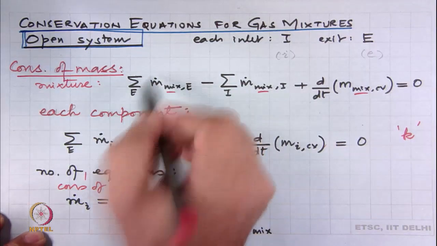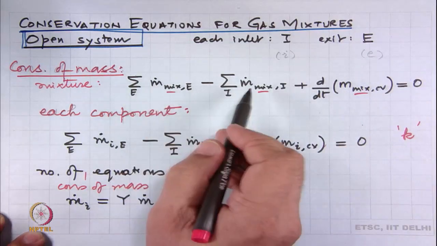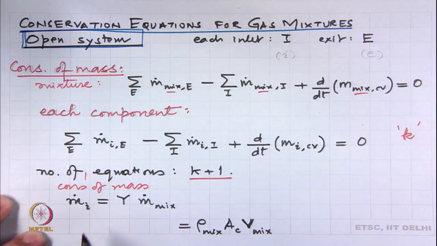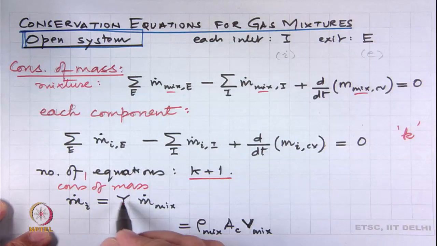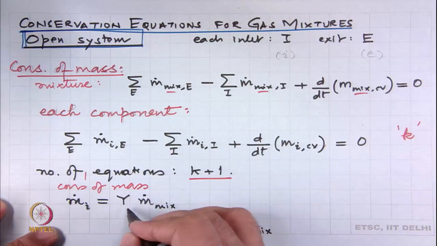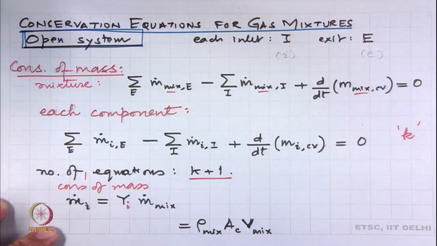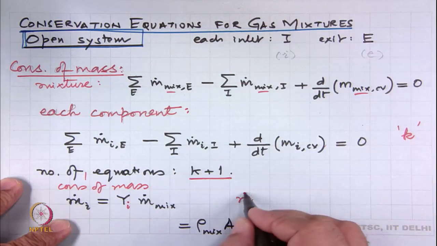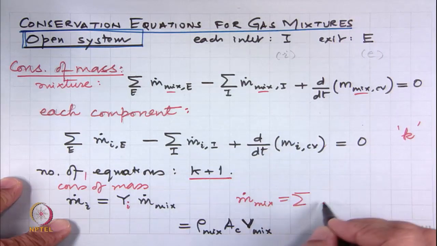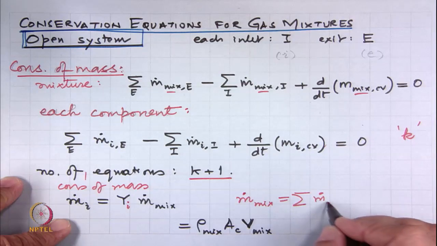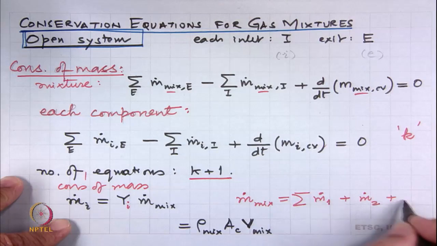And here now we are talking of rates, mass inflow rate and outflow rate, and for each individual component we can write that the flow rate is y_i times the mixture mass flow rate, and that the mixture mass flow rate is the summation of m dot 1 plus m dot 2 plus m dot 3.